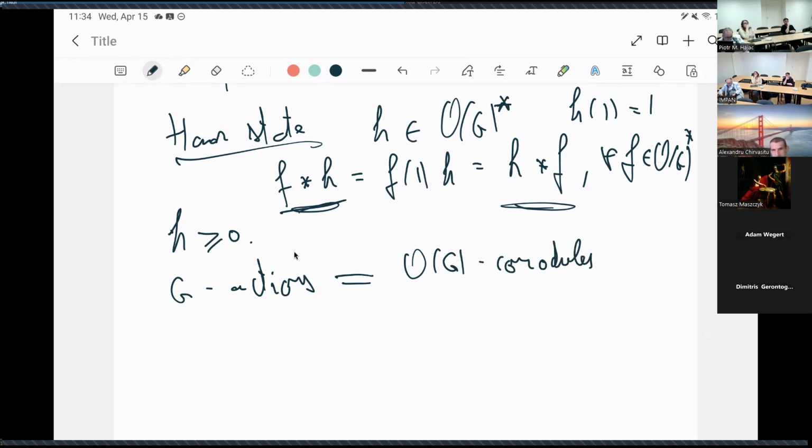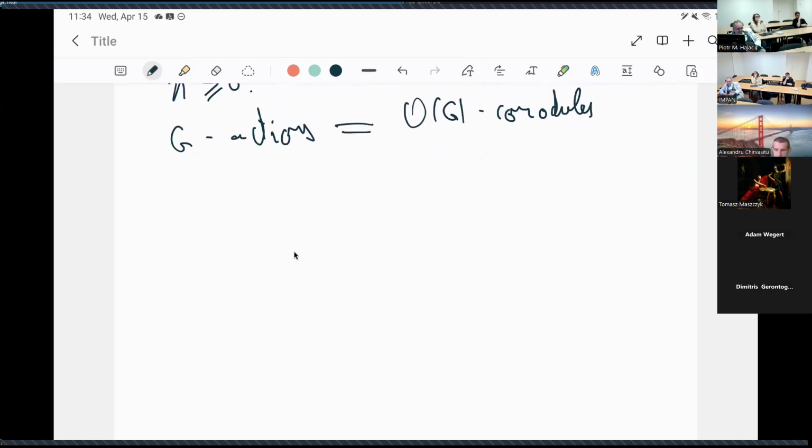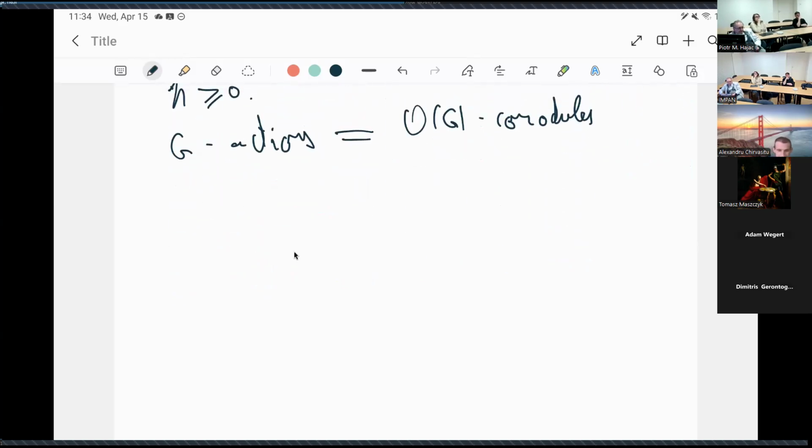I know this is trivial to you, but I do want to make a point that's going to come back and haunt us a little bit once we get to quantum graphs. This is going somewhere. So what does that mean?